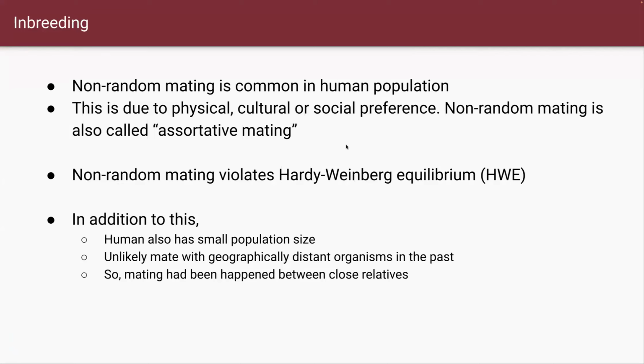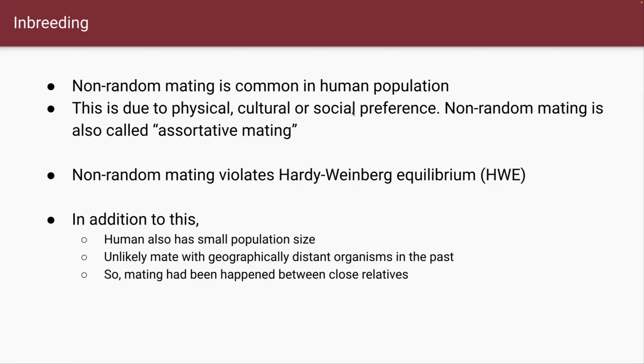And this sort of relative marriage is quite common in human populations, surprisingly common, right? In other words, we can say that non-random mating is common in human populations. In history, we had cousin marriage, as we see in Charles Darwin's case, but even in modern days, physically, culturally, and socially, we have certain preferences.